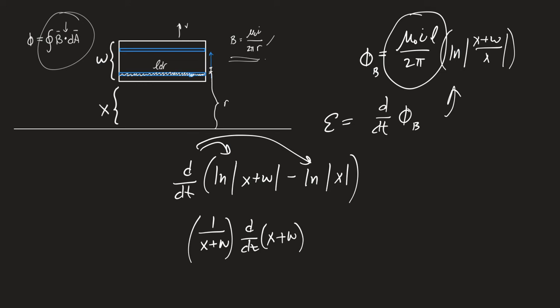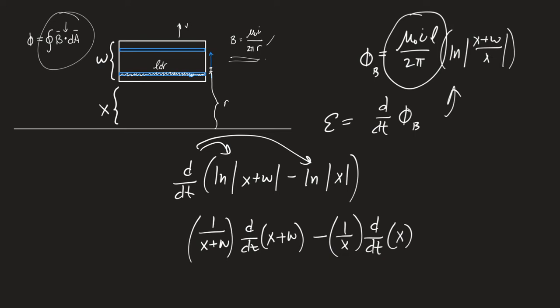That's how the chain rule works. Minus, well, the derivative of ln of x, just 1 over x, plus the derivative of what was inside there. Chain rule.